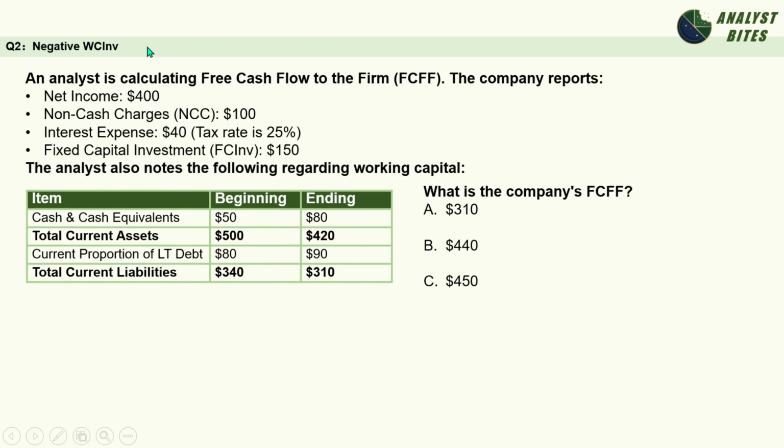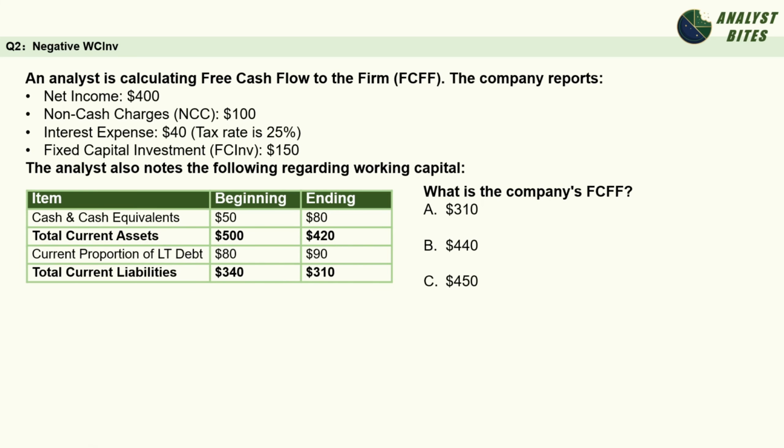Now let's tackle the second question. The examiner is stepping up the game here. Instead of giving you the clean breakdown, they've given you the totals for current assets and current liabilities, then sorted data with noise, cash, and interest-bearing debt.